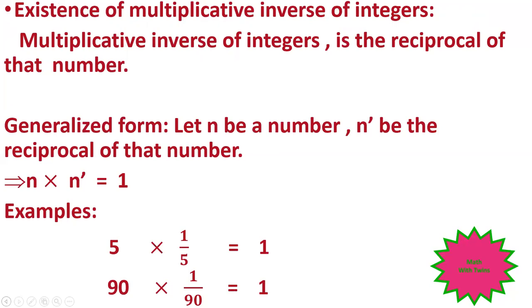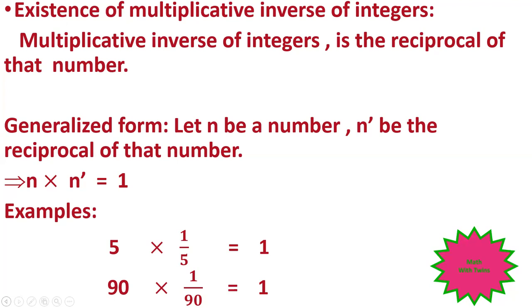Moving on to examples. 5 into 1 by 5 is equal to 1. I told you reciprocal means in a fraction the numerator becomes the denominator and the denominator becomes the numerator. But what exactly is this? Let's see the example 5 into 1 by 5. 5 in its fractional form is 5 by 1.